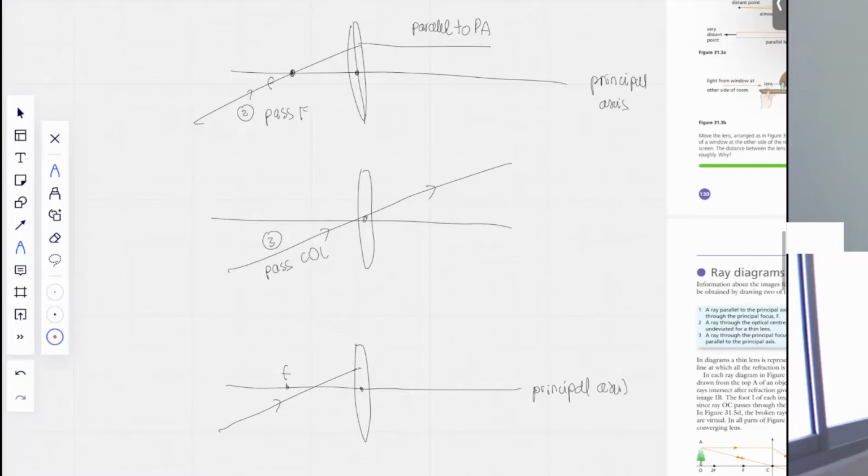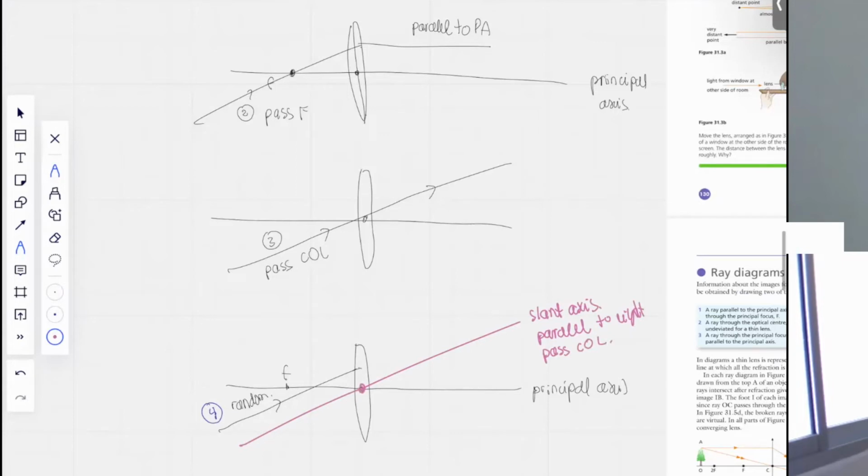Then what to do? This is number 4, random direction. Then what must you do? You must draw this one, the slant axis. It is parallel to the light. Understand? You have a light ray. You must draw something that is parallel to the light and also passes through the center of the lens.